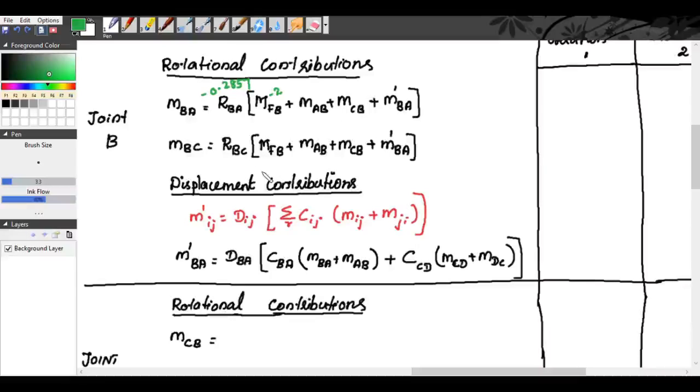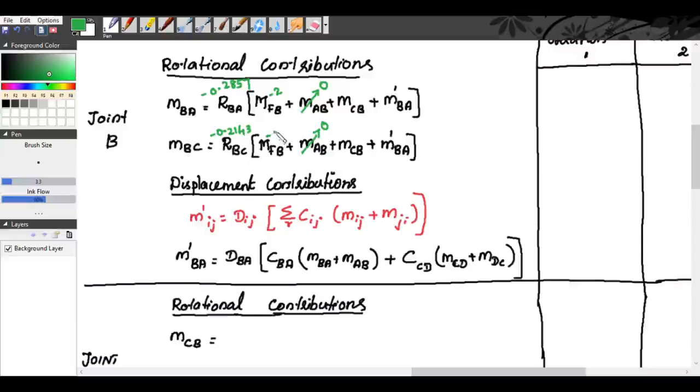Okay. Now, see what is MAB? From joint A, the rotational contribution is 0 at joint A. So every time this MAB is 0. We don't have rotational contribution at joint A. So MAB becomes 0. Only these two things change for every iteration: MCB and M dash of BA. Here, when you take MBC, the rotational factor RBC is minus 0.2143, MFB is minus 2.